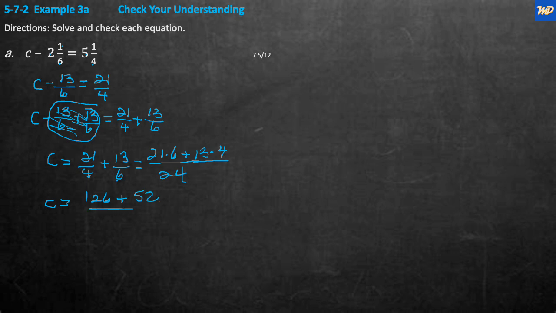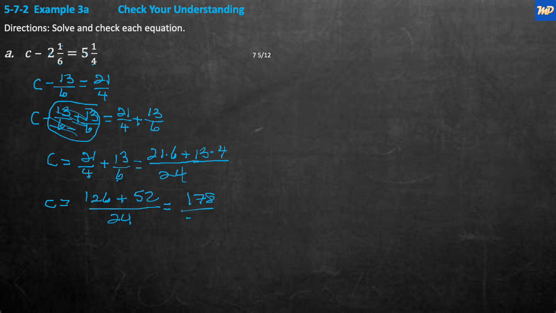And that's all over 24. And now we have to add these two together, the 126 and the 52. And the answer there is 126 plus 50 is 176. Plus 2 more is 178.